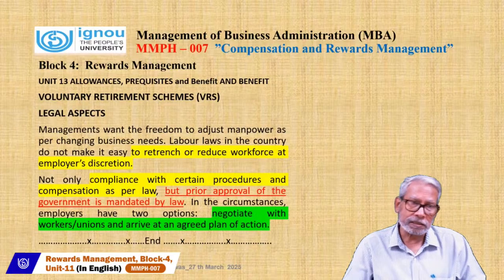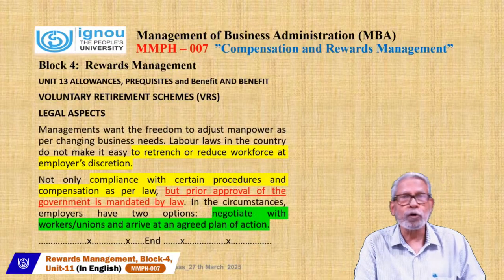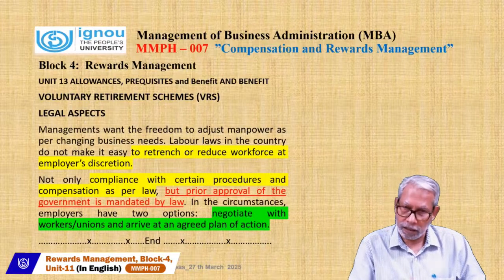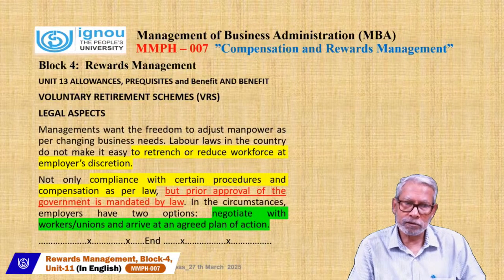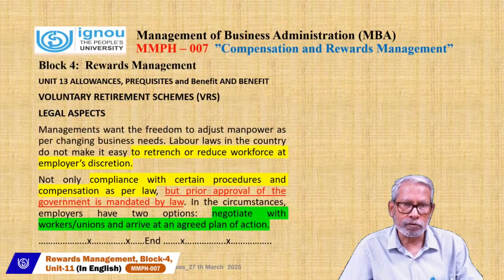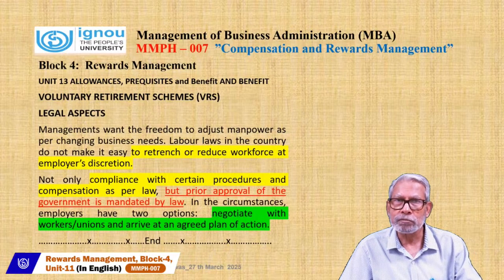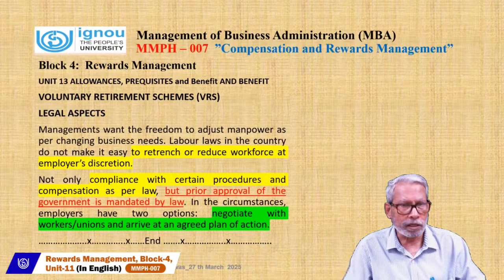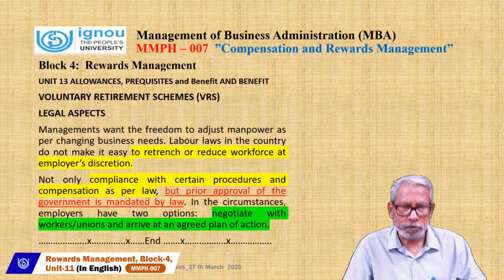In these circumstances, the employers have two options: negotiate with the workers' unions and arrive at an agreed plan of action. Sometimes you have to agree to the plans of the employees and the union.